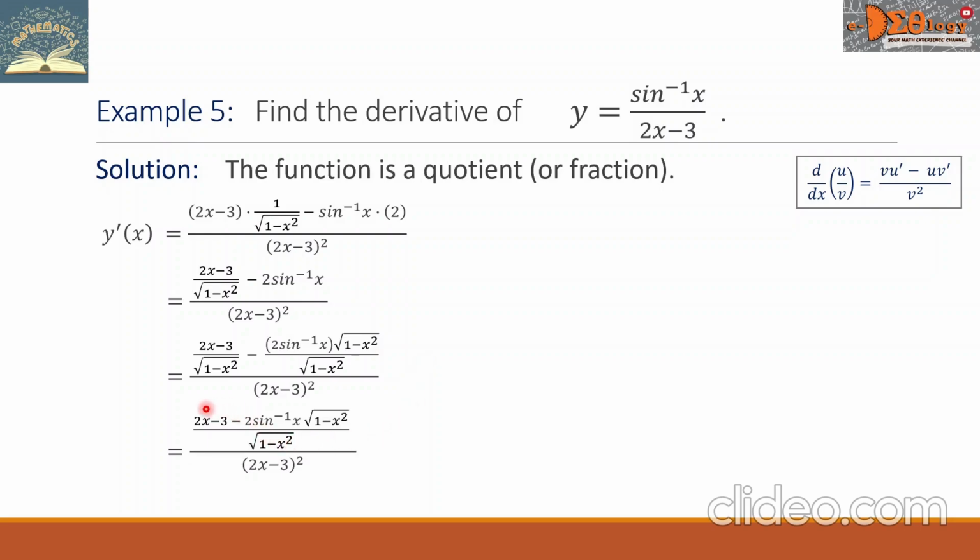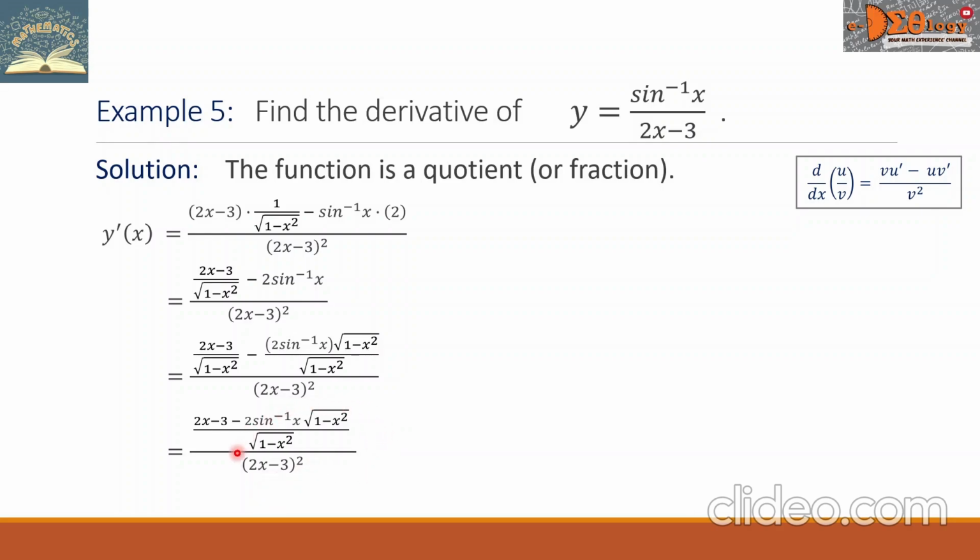So we have 2x minus 3 minus 2 sine inverse x times the square root of 1 minus x squared all over the square root of 1 minus x squared all over the square of the quantity 2x minus 3.